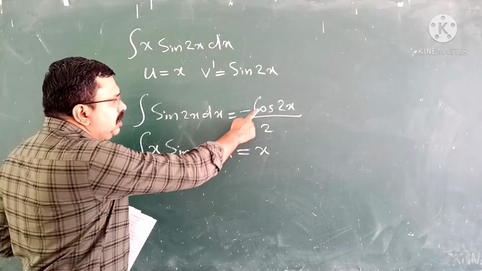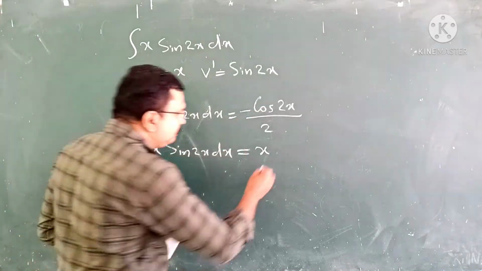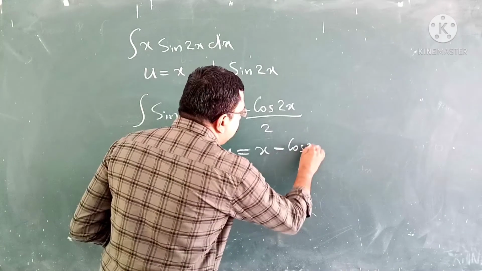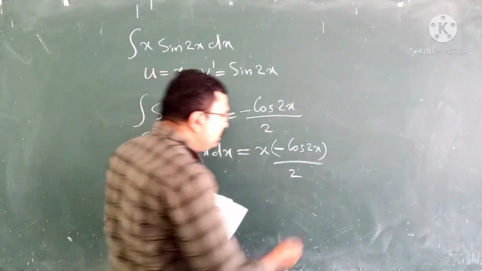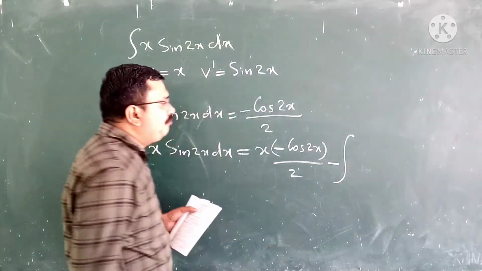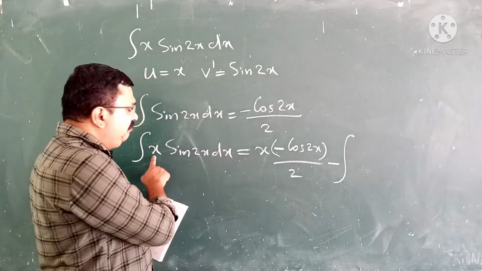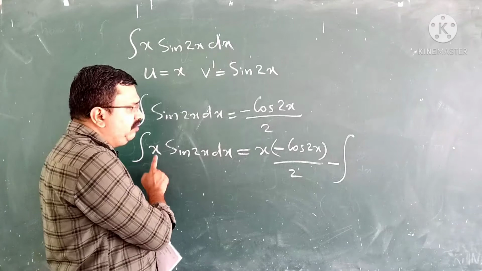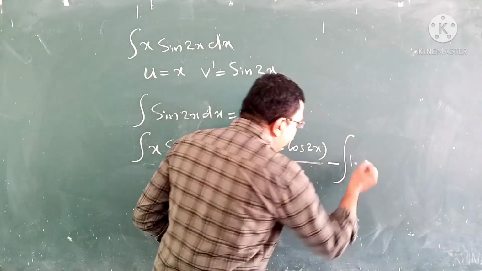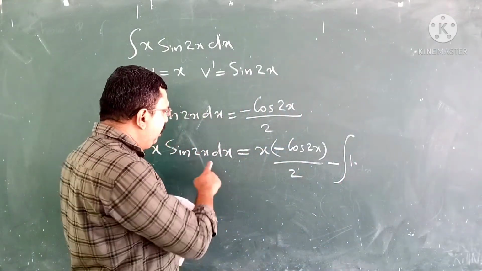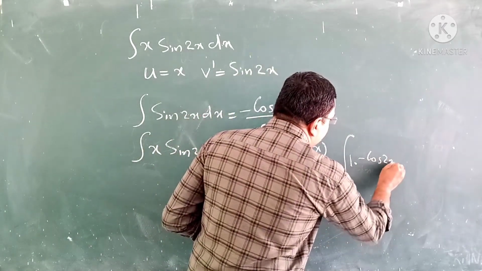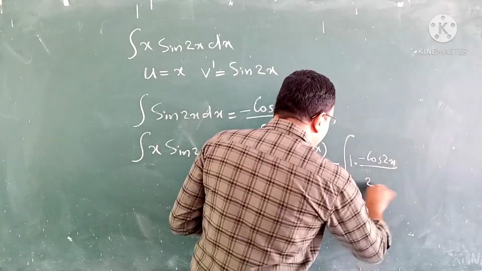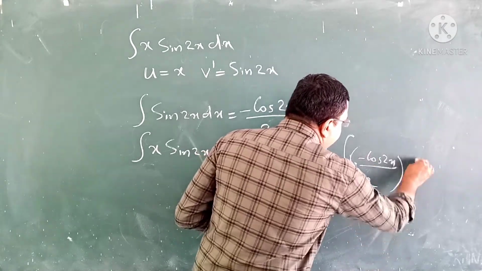We know that it is minus cos 2x divided by 2, minus integral of derivative of first function. The derivative of x is 1, into integral of second one, that is minus cos 2x divided by 2, into dx.